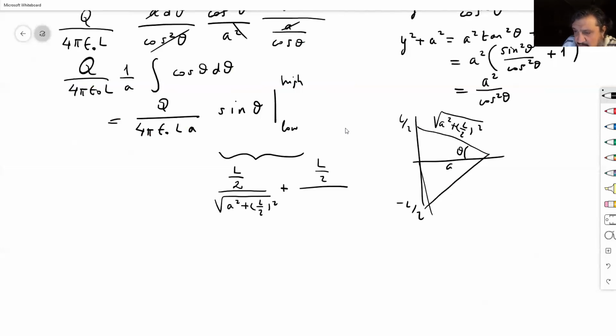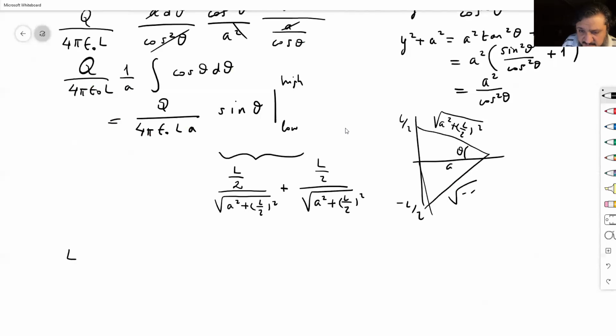L over 2, again, L over 2 divided by the hypotenuse. Again, the hypotenuse is the square root of A squared plus L over 2 squared. This side, same thing, all right? Okay, so we have two of those. Get rid of the 1/2, and the L cancels over here, this L's.